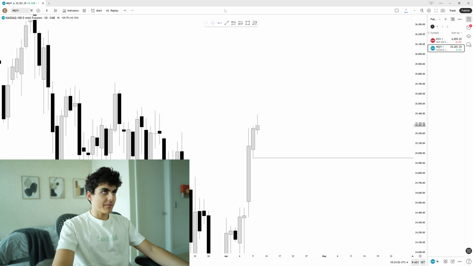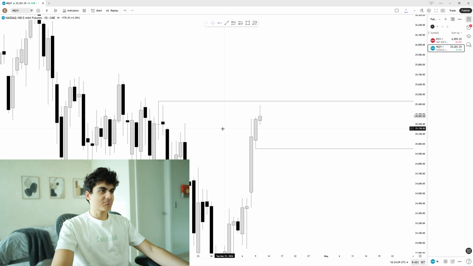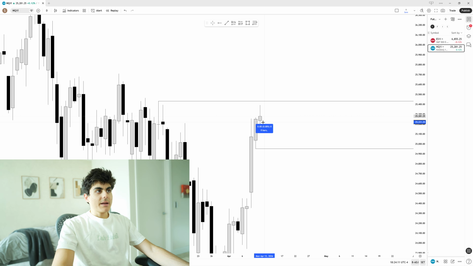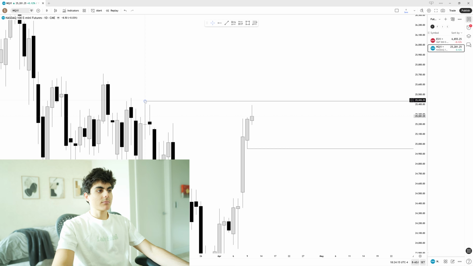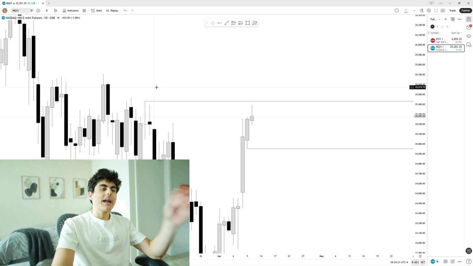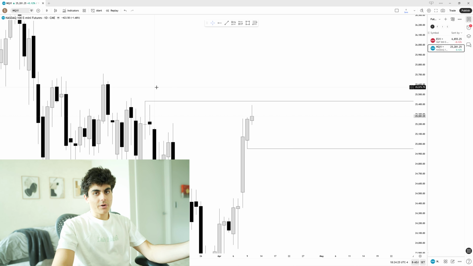And then we have another far target, and another far target, just a random high that was made a while ago, actually exactly 1 month ago, and it's far away from where current price is at.